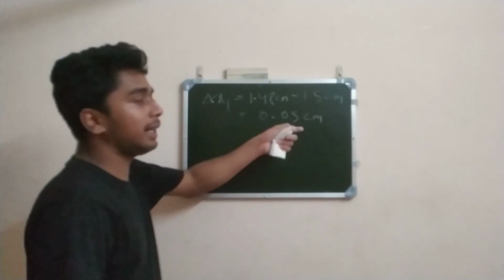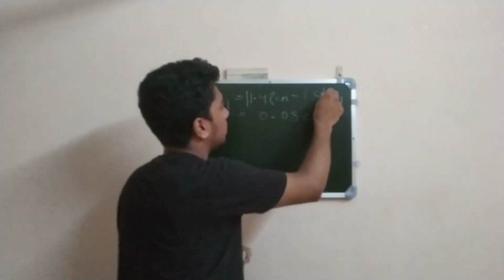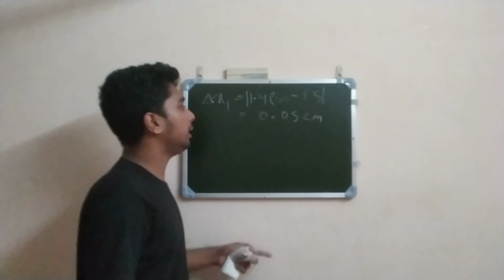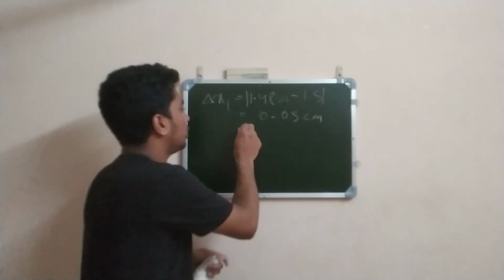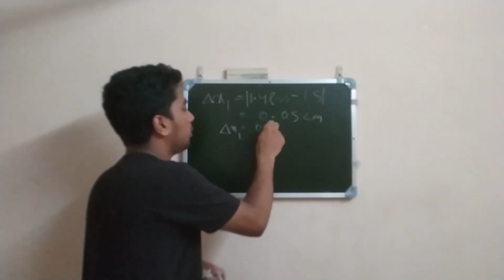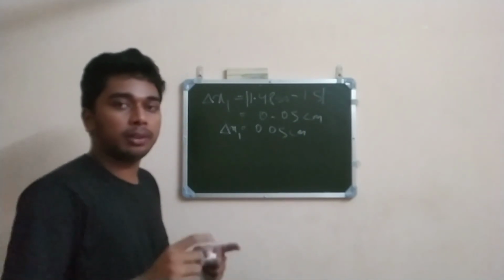But to make it positive, I will take the mod on both sides. So you will find a positive quantity, 0.05 centimeter. This is the deviation from the average for the first data point.